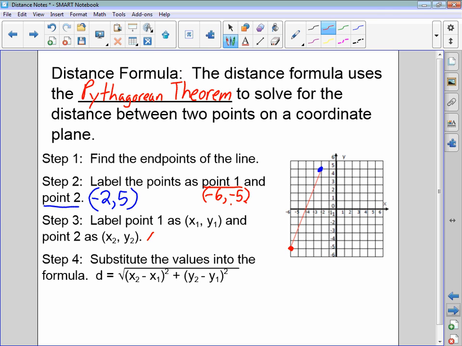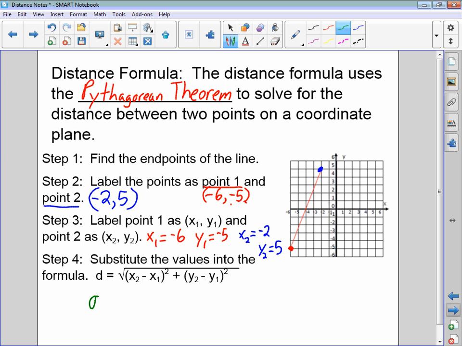Let's do it right here. x1 equals -6. y1 equals -5. x2 equals -2. And y2 equals 5. Now that I have all of these different values, I'm going to substitute them into our distance formula.